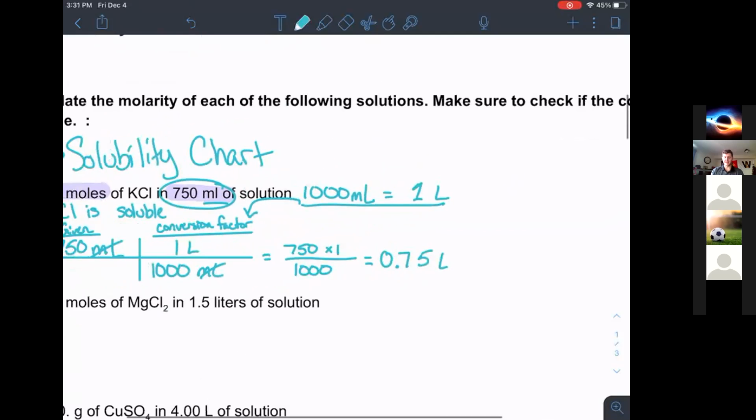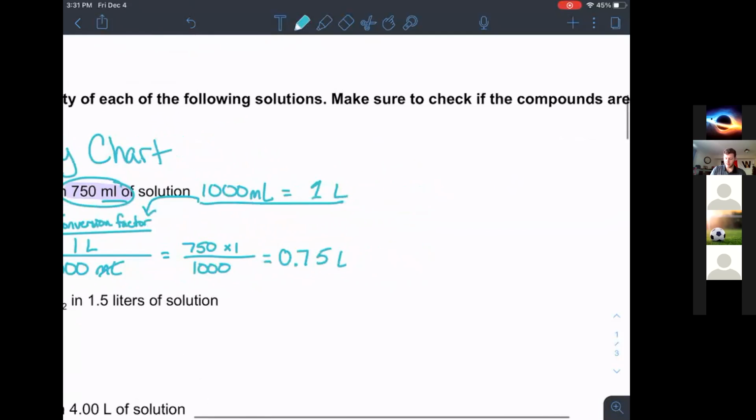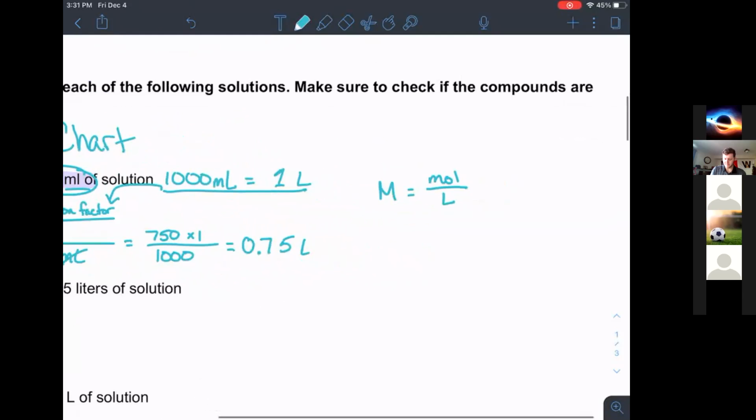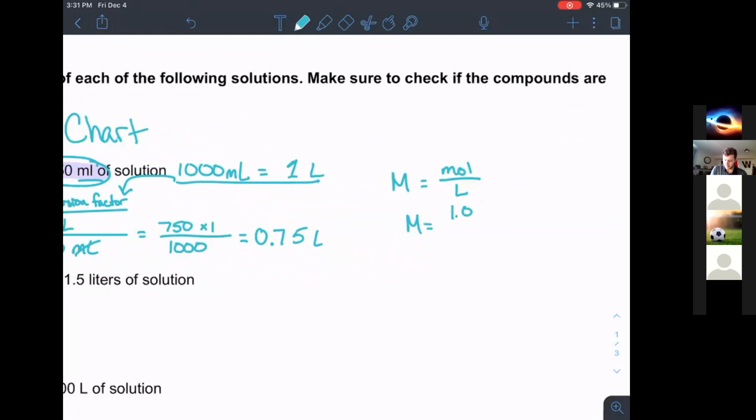So now that we have liters and we have moles, we can calculate our molarity. So molarity equals the moles divided by the liters, which means we can replace moles and liters. So molarity equals 1.0 moles divided by 0.75 liters. And we solve for our molarity to be what value?